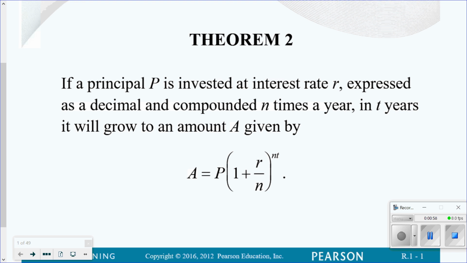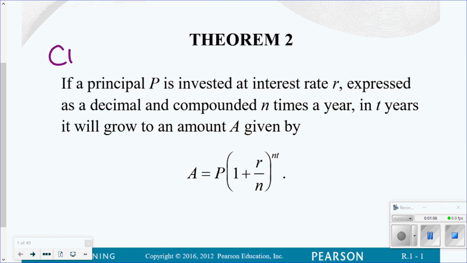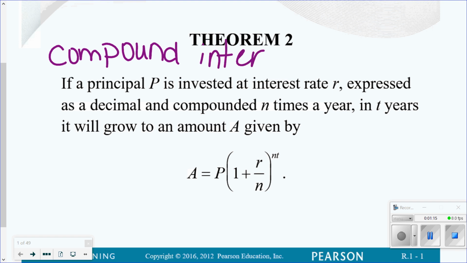this slideshow. So the first thing I want to talk about is the compound interest formula. P stands for the principal amount, meaning the beginning amount. So if you were depositing money in a savings account, that would be the amount we deposited.